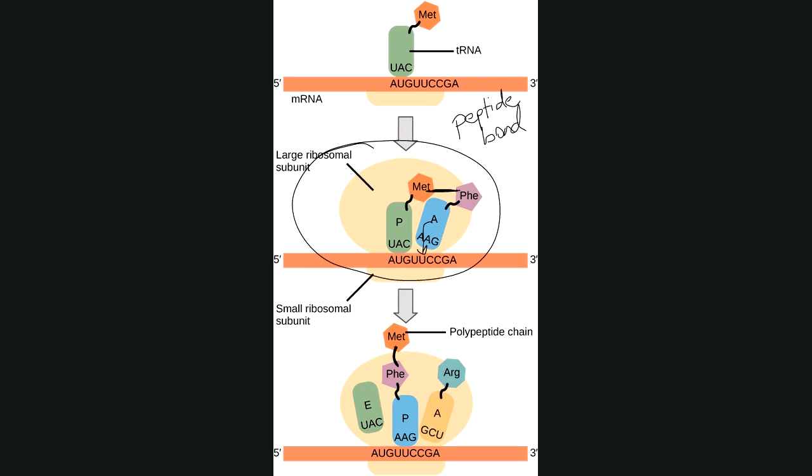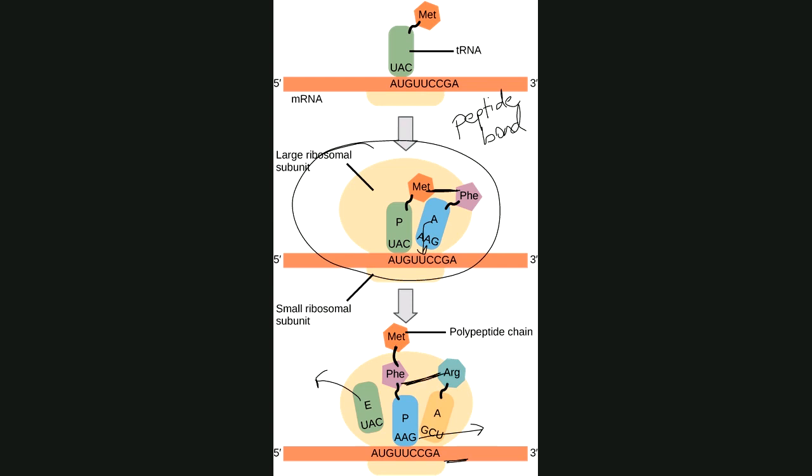The tRNA will eventually be ejected out of the ribosome, but it will leave behind its amino acid. So if you imagine as the ribosome shifts this direction to the next codon, there's going to be a bond that forms between this amino acid, arginine, and phenylalanine.